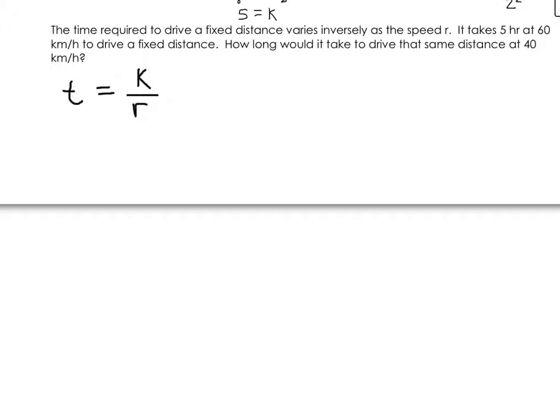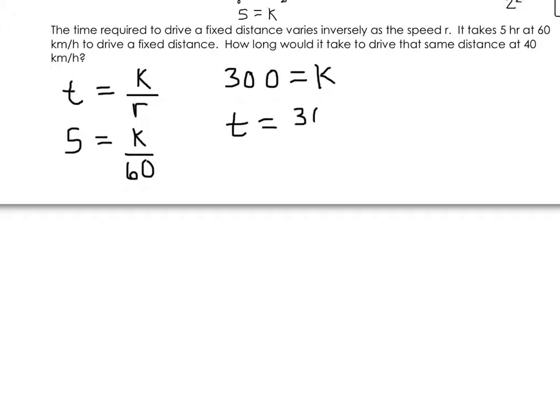So it takes 5 hours to travel at 60 kilometers per hour. What is K? Multiply both sides by 60. K is 300. Put that back in our original equation. That gives us our relationship. Then we can answer the question, how long would it take to drive that same distance at 40 kilometers per hour?